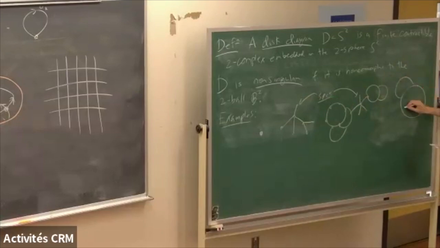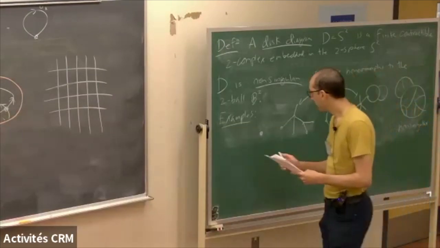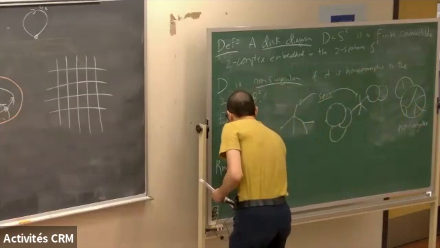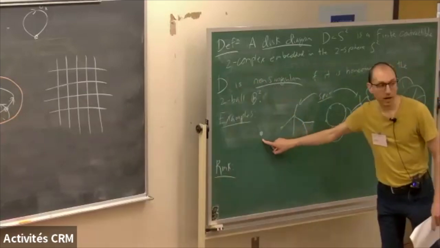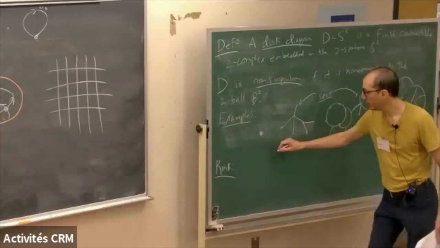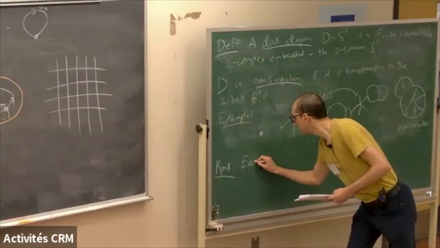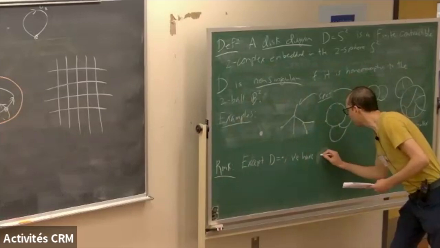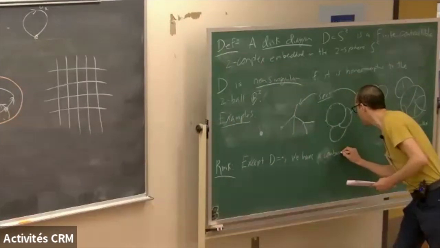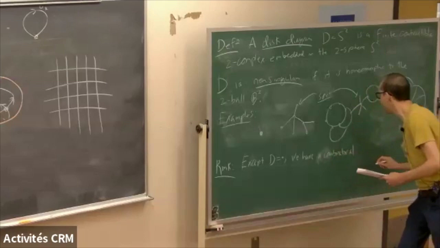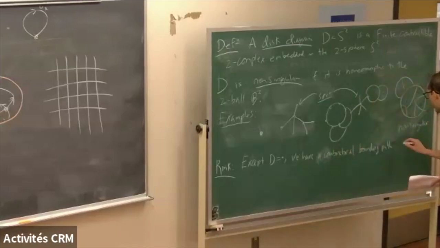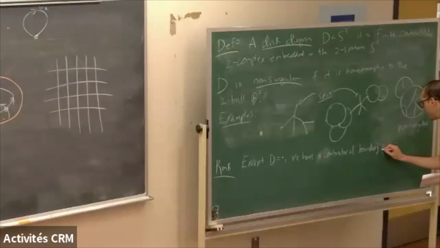And here's an example of a non-singular disk diagram. So this one's non-singular. All right. So except for the case where D is a single point, a combinatorial boundary path, I'll call it a boundary cycle.